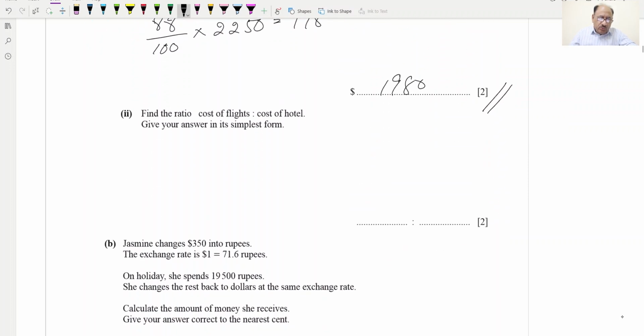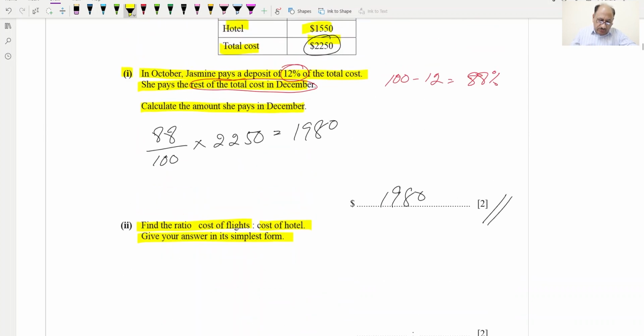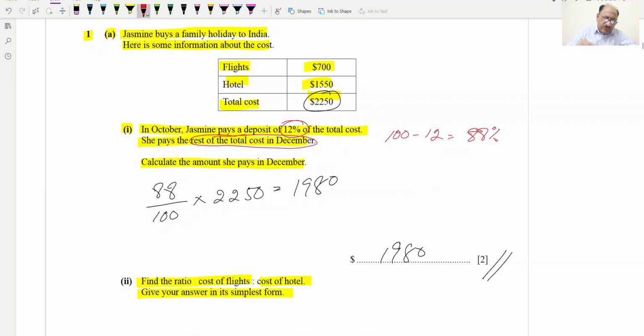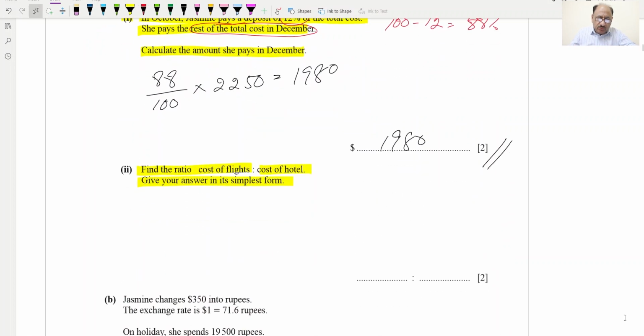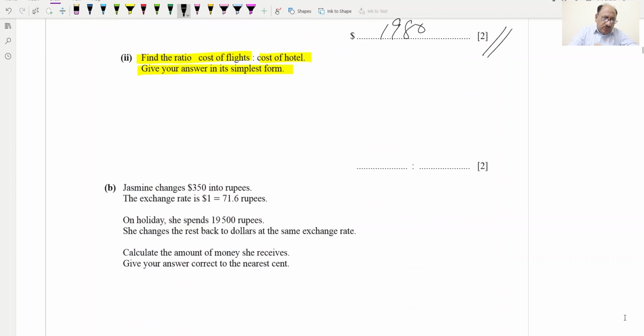Find the ratio cost of flight to cost of hotel. Give your answer in simplified form. If we check, the cost for flight is this much and the cost of hotel is this one, so we can write the ratio, which is 700 to 1550, and we can divide this.